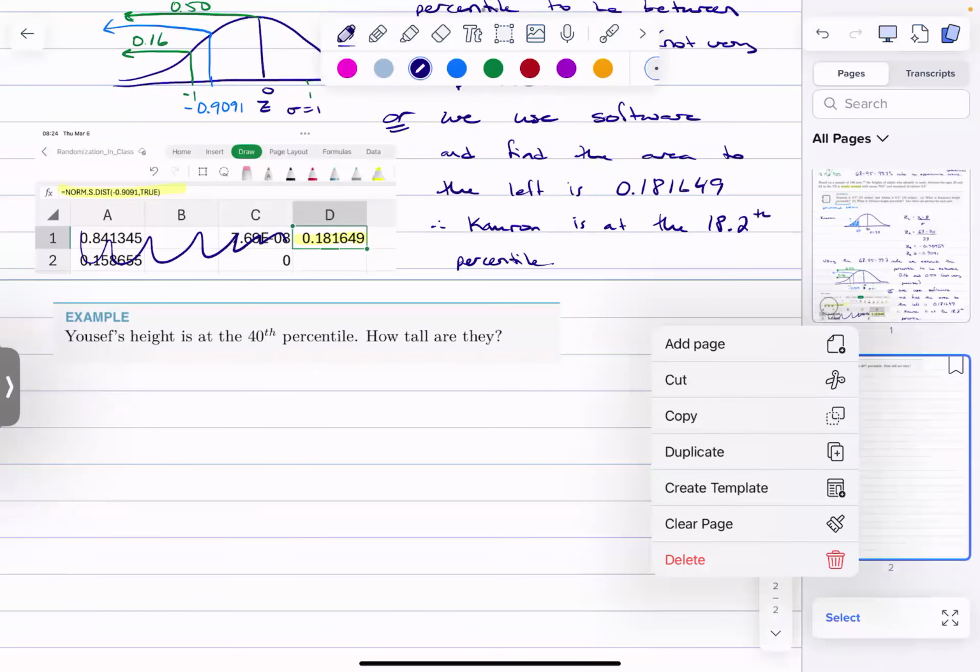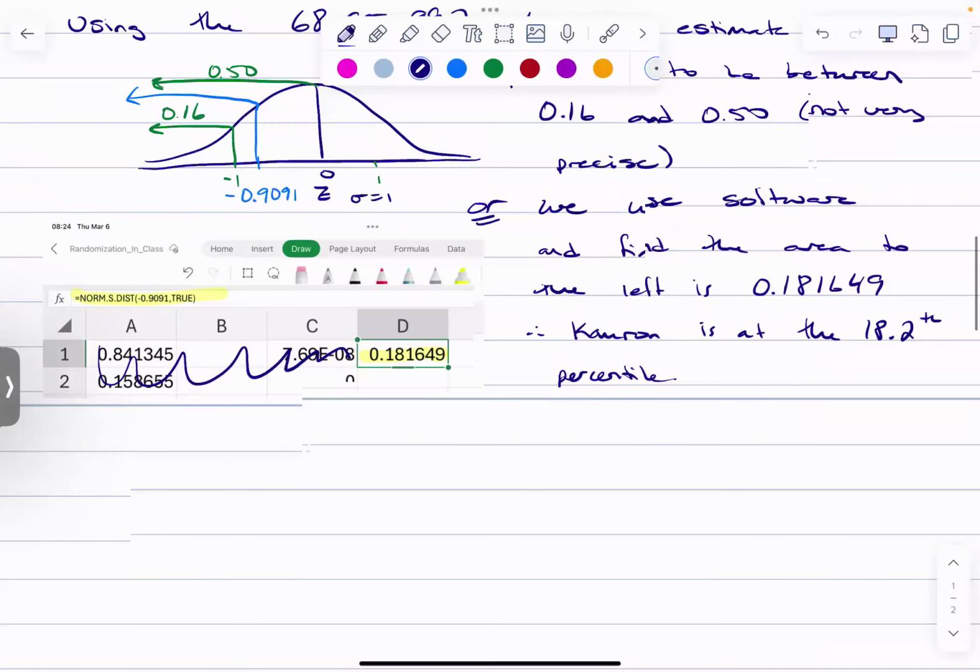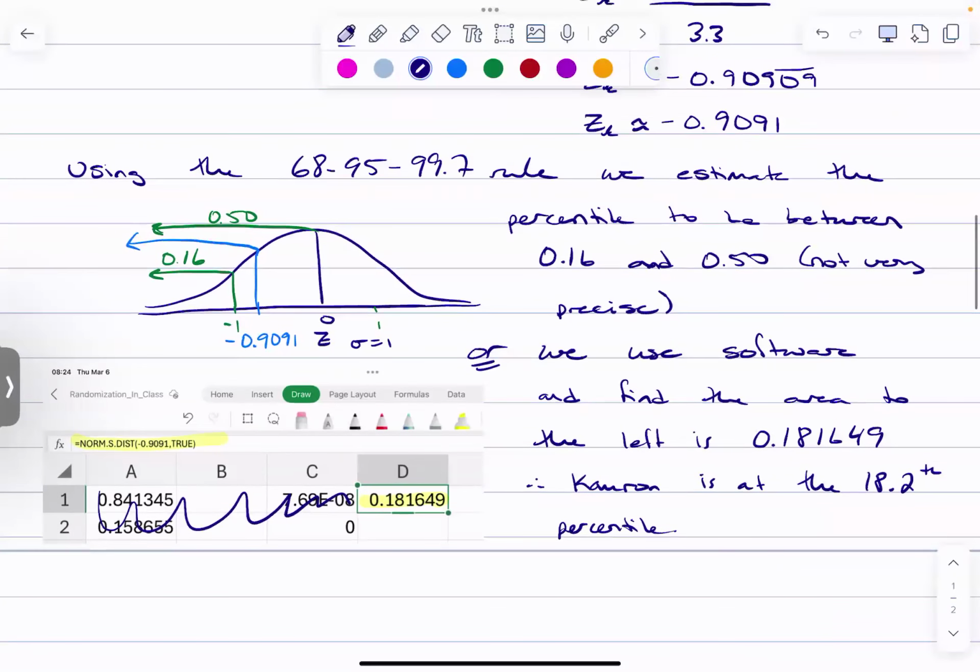So from software, we found that this was 0.181649.